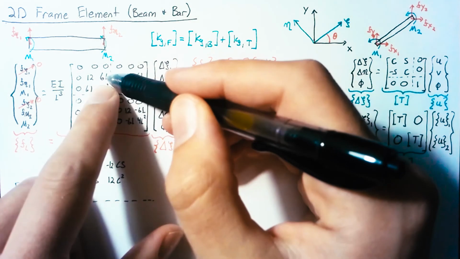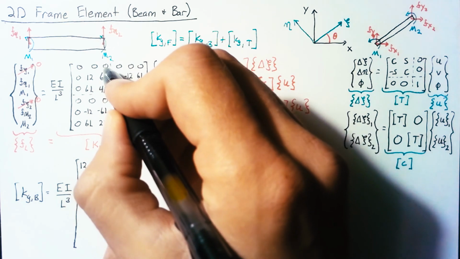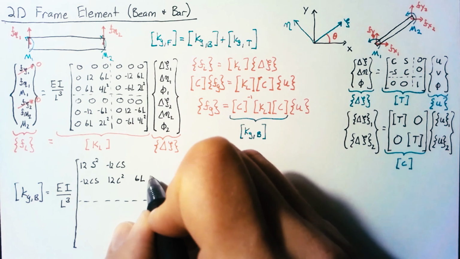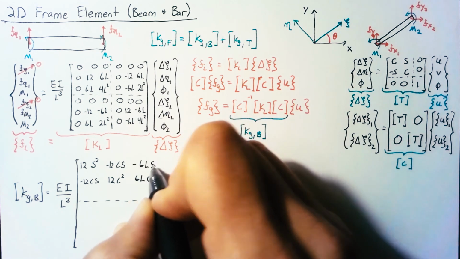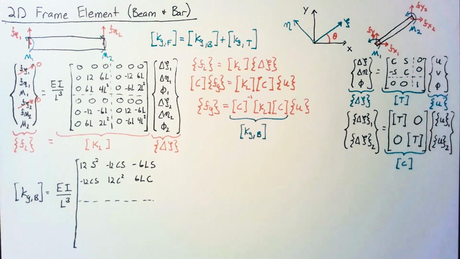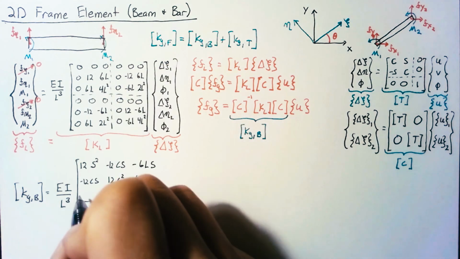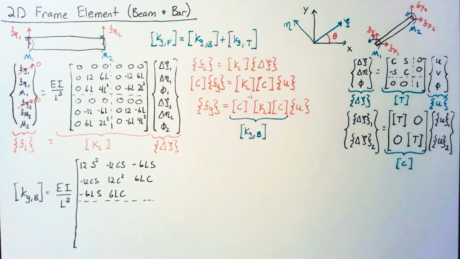This 6L gets split up among this location and this location, and so we end up with a 6 times L times C, and a negative 6 times L times S. And likewise, this 6 is split up among these two locations. So you end up with negative 6LS and 6LC.